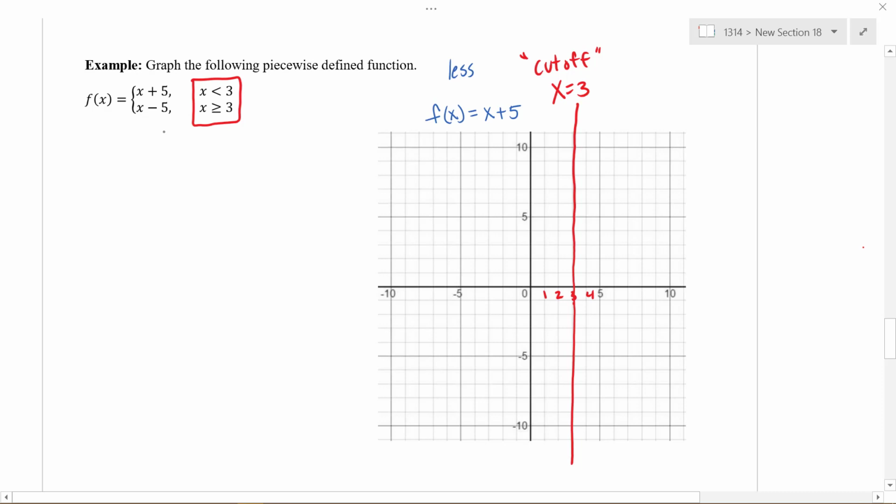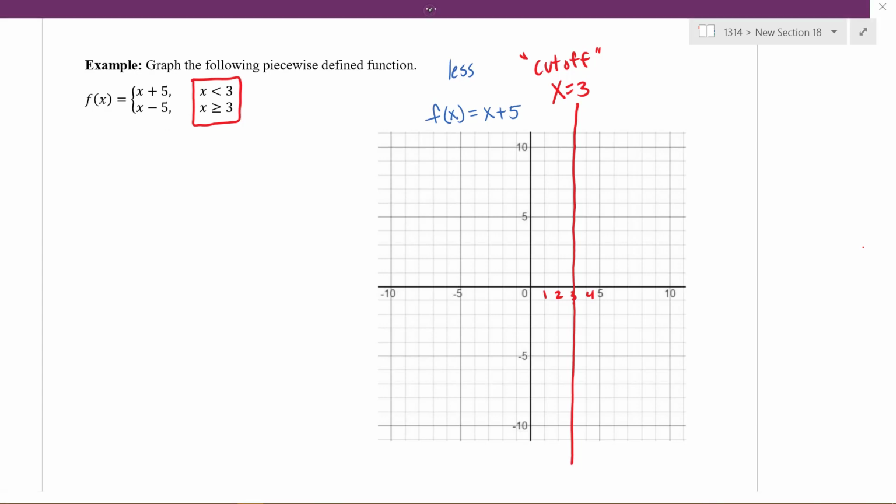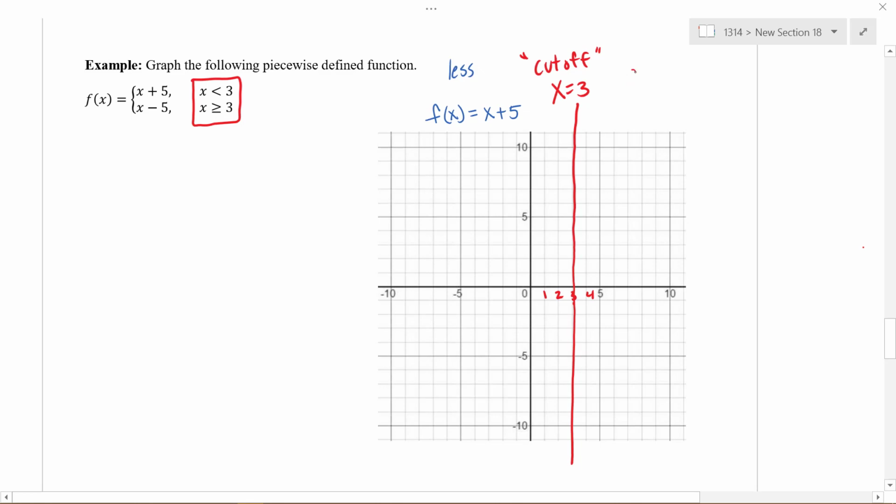The bottom equation is going to be graphed where x values are greater than or equal to 3. Greater than means we're going to plot to the right. It can also be equal to 3, so it can also be plotted on that line. So to the right and on that line, we're going to graph f of x equals x minus 5.